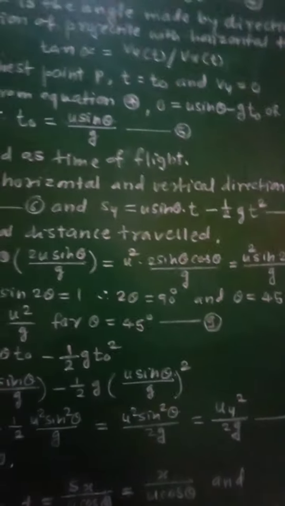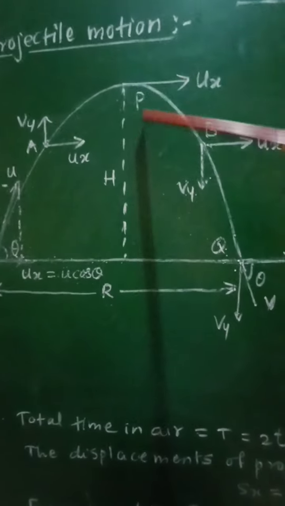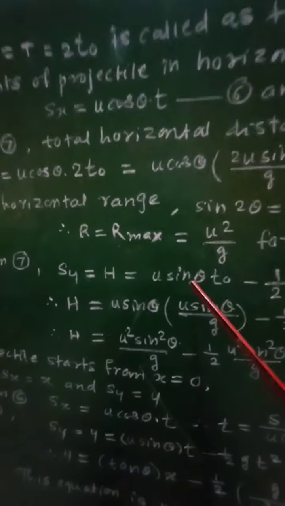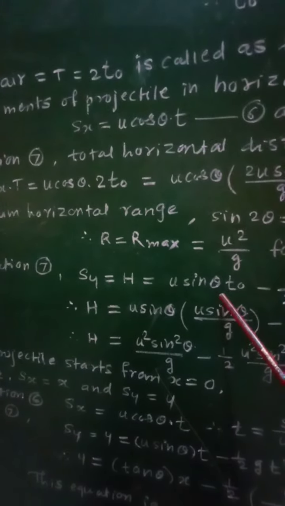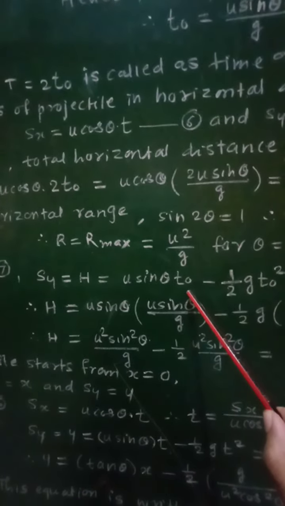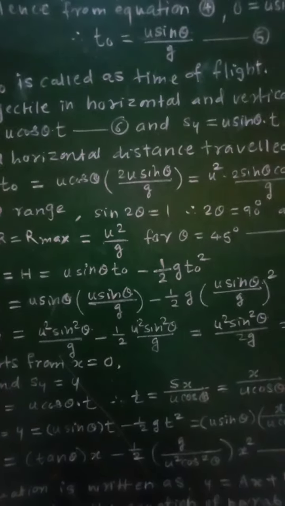This is equation number 7, and from this, if you consider the maximum height attained by that projectile, at that time sy will become equal to h, that is the maximum height attained by that projectile, and therefore it will be written as h is equal to u sin theta into t0, where t is replaced by t0, minus half g t0 square.